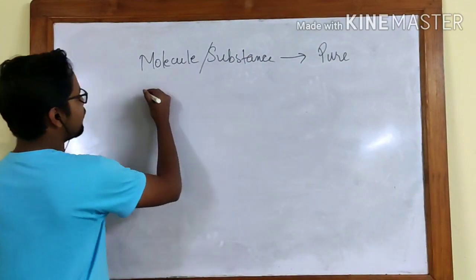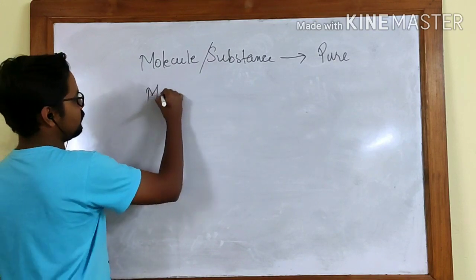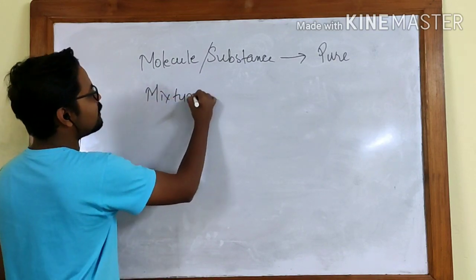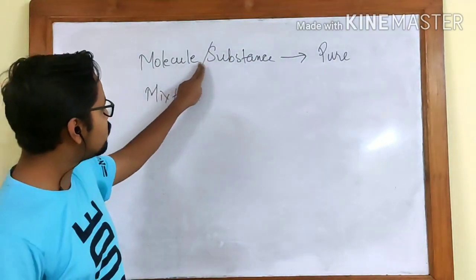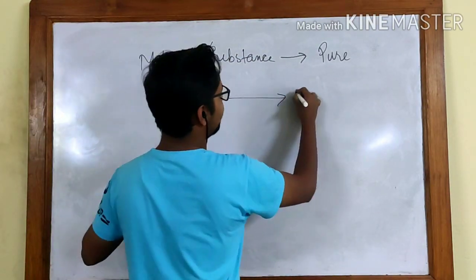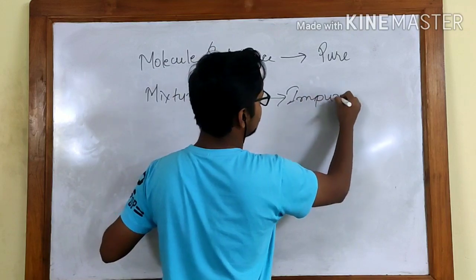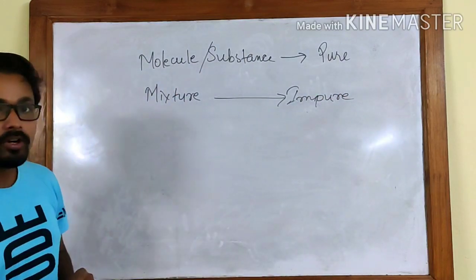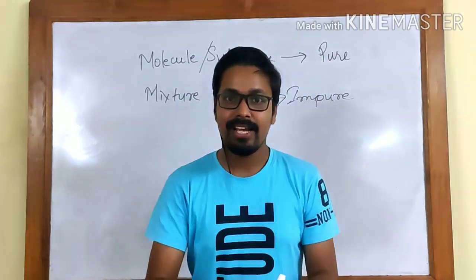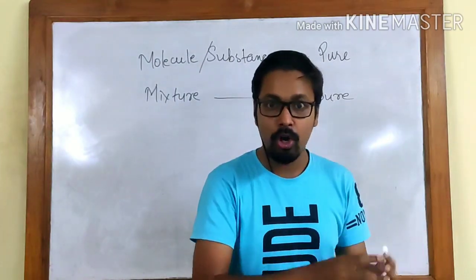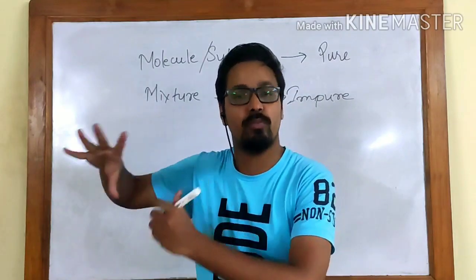Now if we have a mixture, mixture means what? Combination of molecules or substances. A combination of molecules or substances will give us impure compounds. Okay, so purity and impurity depends on whether you have a single type of molecule or different types of molecules.